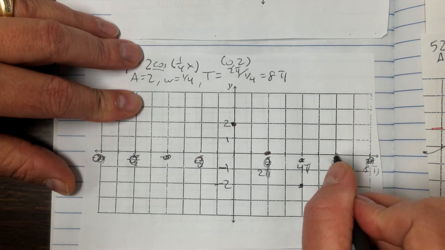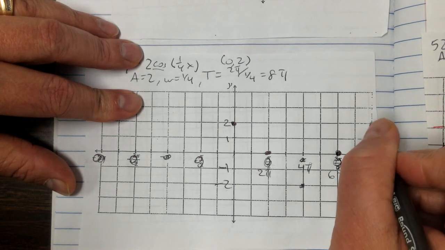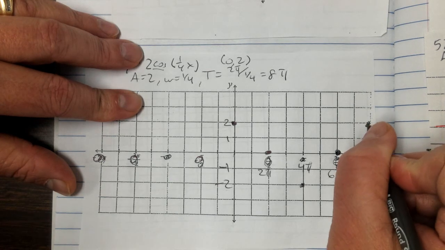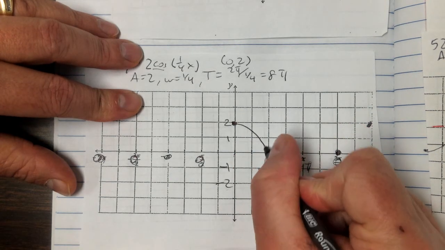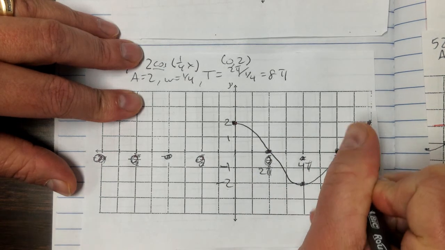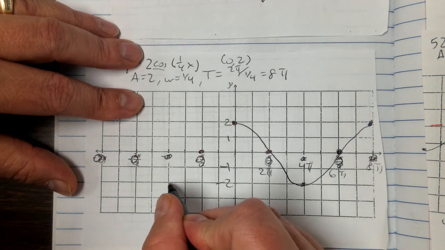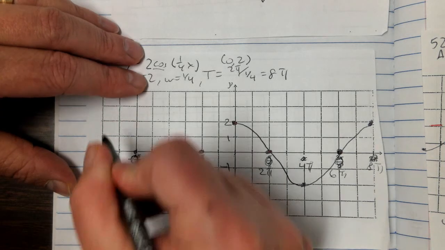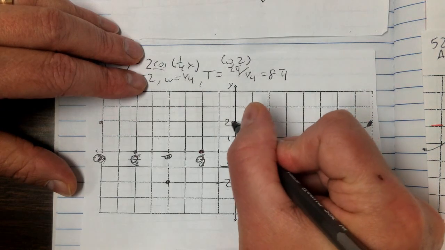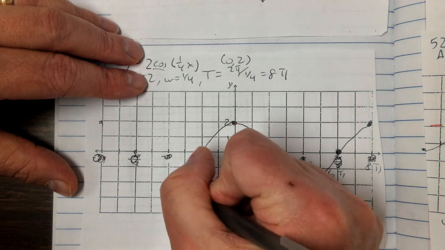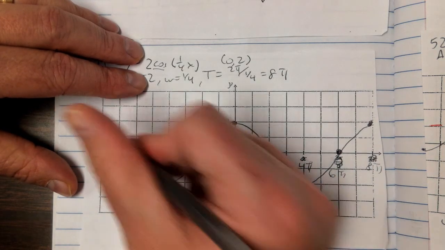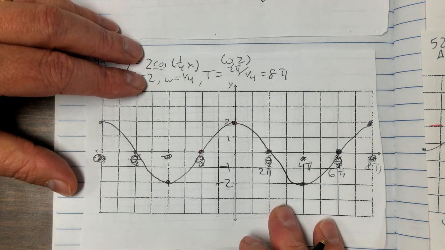Then it bounces back up at 6 pi, and then it's back to normal at 2. And then just continue the pattern. Remember, if you wanted to use different colors or pencil, you can, but that's what we're looking for.